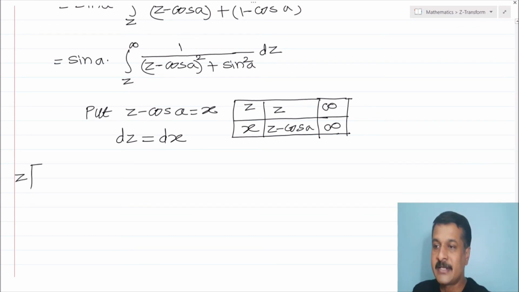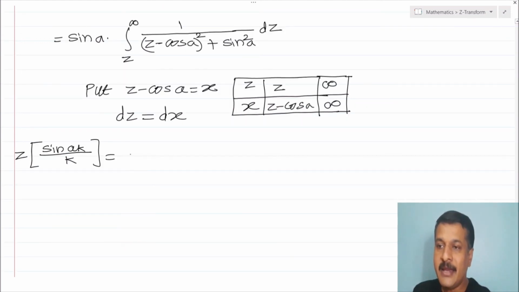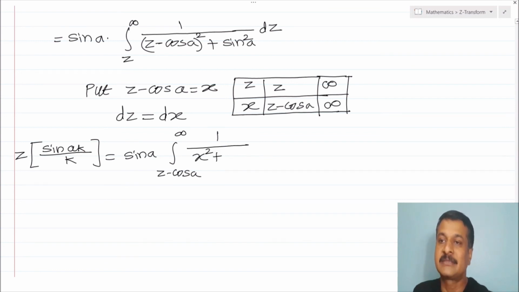It is the z transform of sin ak by k equal to sin A into integration. The lower limit is now z minus cos A, the upper limit is infinity, 1 upon x square plus sin A whole square. And what about dz? It is dx.